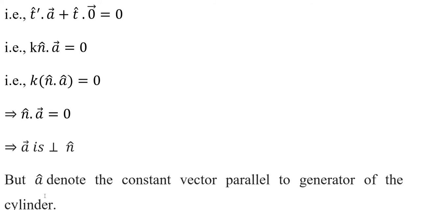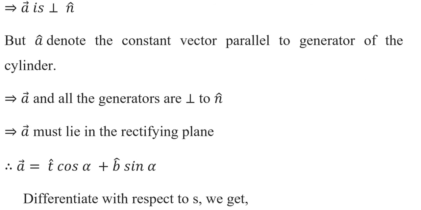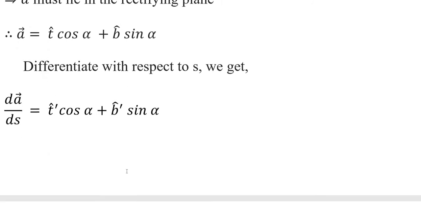But A vector denotes the constant vector parallel to the generator of the cylinder. So A vector and all the generators are perpendicular to n cap, which implies A vector must lie on the rectifying plane. So by the definition of the rectifying plane, we can write A vector equal to T cap cos alpha plus B cap sin alpha. Now we differentiate this equation.